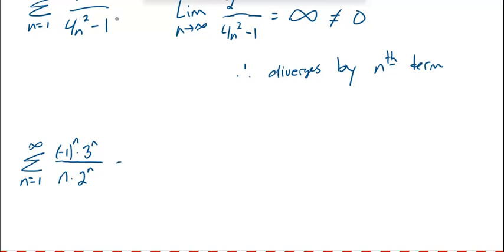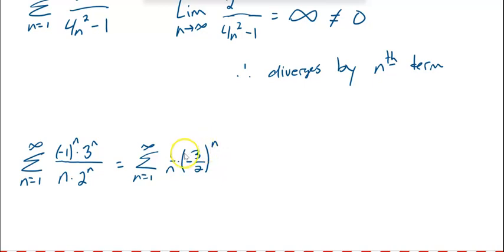What I want you to see is that we can write this as sigma n equals 1 to infinity of 1 over n times negative 3 over 2 to the n. So notice all of these things had the n as the exponent, which we can combine into one term and then write one exponent.